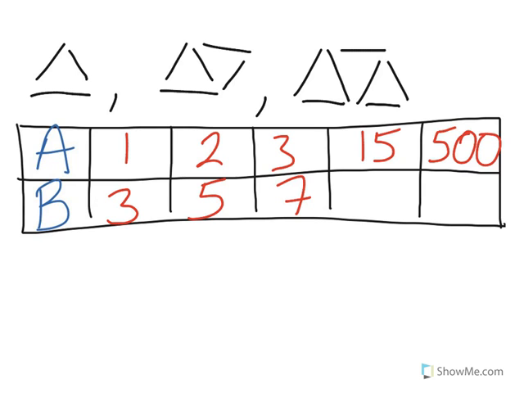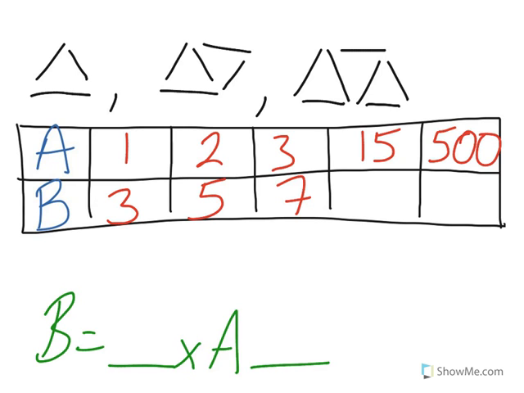Okay, so I write my template. B equals something times A, and a gap at the end for a plus or minus adjustment. So looking at the gap between the numbers, we see that the gap is 2 each time.